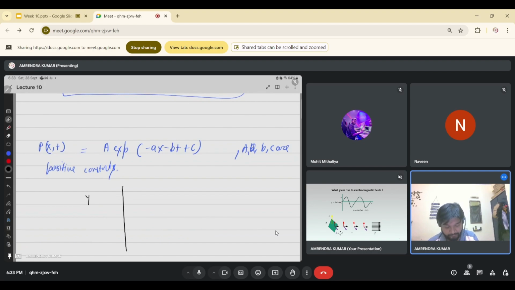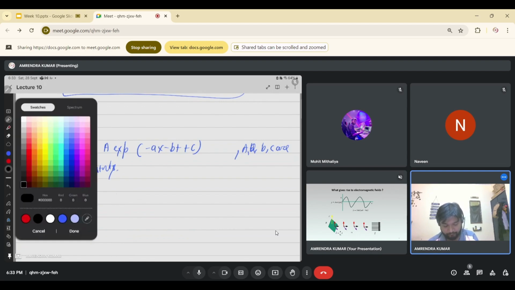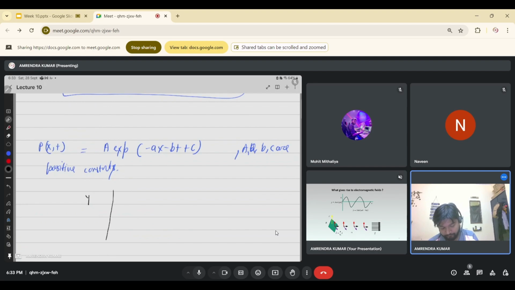What I'm trying to say is, you have this particle here performing an oscillatory motion.